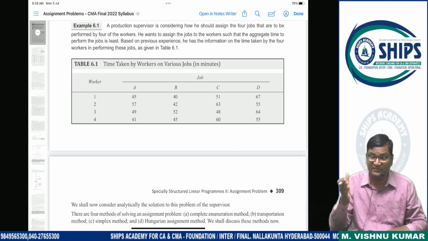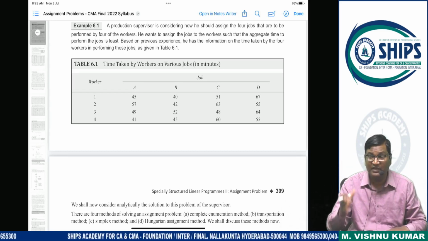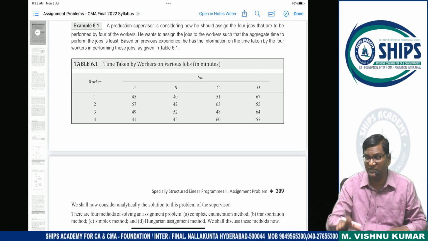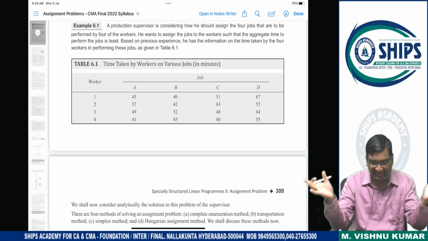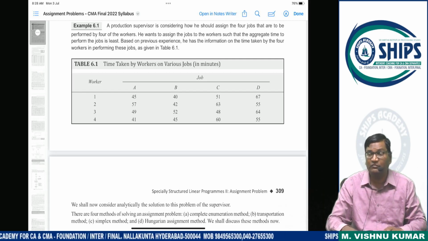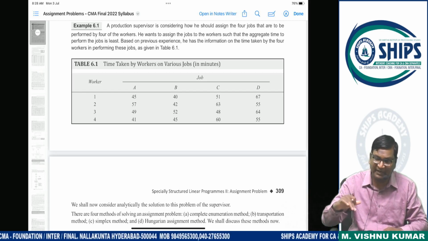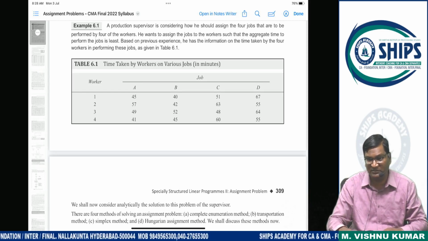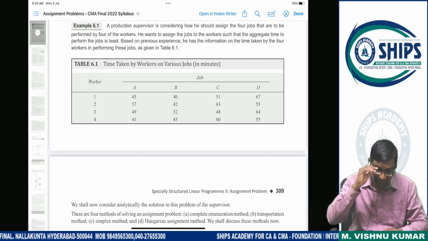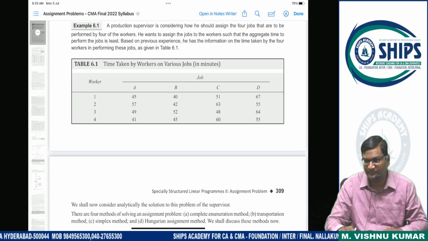But if assignment is covered in linear programming or in transportation, it will be very complicated and time consuming process. So one Hungarian mathematician developed a separate concept on this assignment procedure.